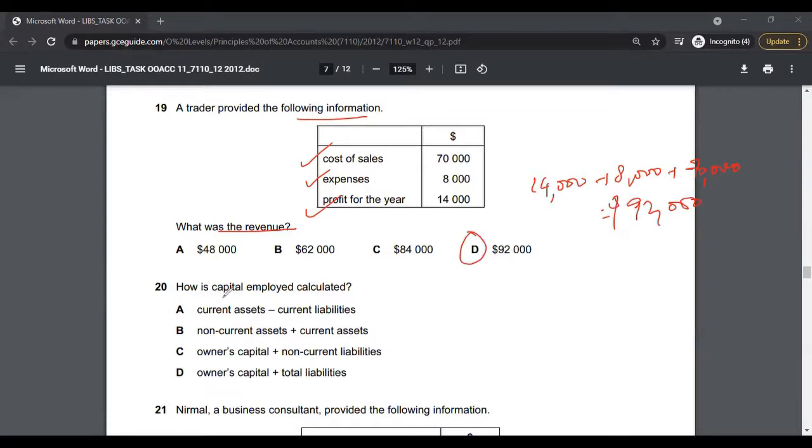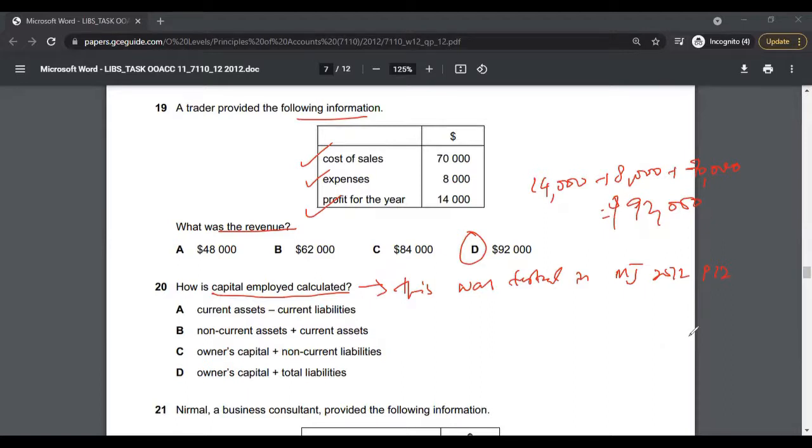Multiple choice 20, how is capital employed calculated? If you remember, this was tested in May/June 2012, Paper 12, Paper 1 Variant 2. So you see, they do bring up the same questions again, just in a different format.